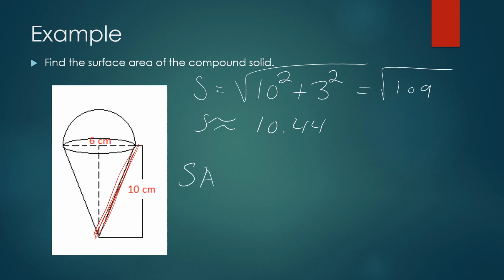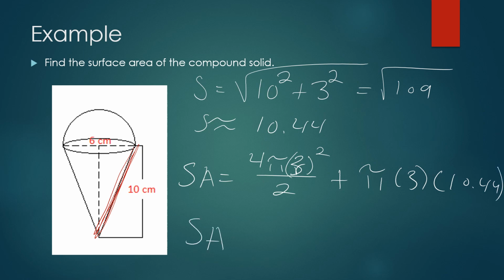Now that we have this, we can find the surface area of the structure. So the surface area is going to be the surface area of the sphere, which is going to be half of what it would normally be, plus this part of the cone. So we're going to ignore the pi r squared, and we're just going to do pi times r times the slant height, which is 10.44.